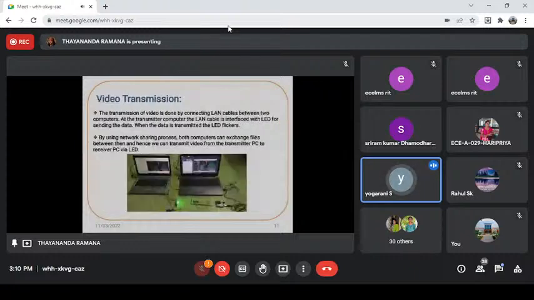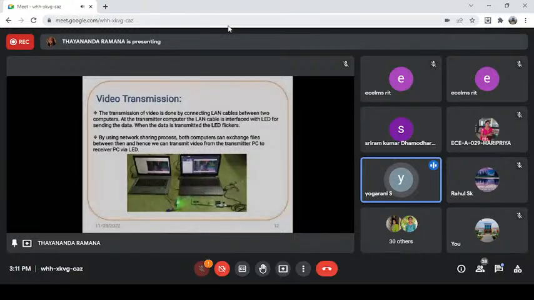And the next is video transmission. The video transmission is done in 2 sections. The transmission section has two important things: one is a computer and the other is a LAN cable. The LAN cable is used to connect the computer and modulator. We are sending the video input from the computer through the LAN cable. It is given to the modulator, which modulates the signal and shares it in light waveforms, which are blue in color.